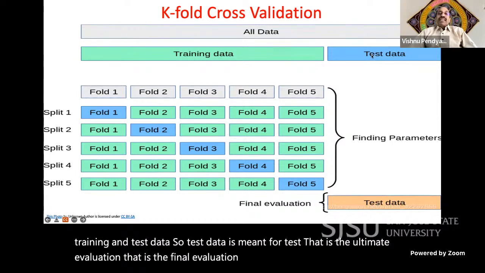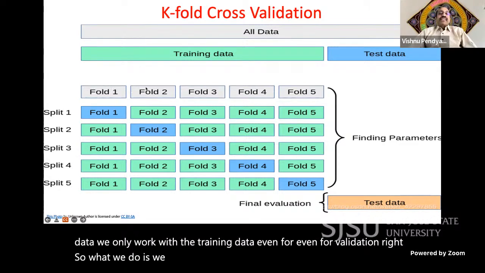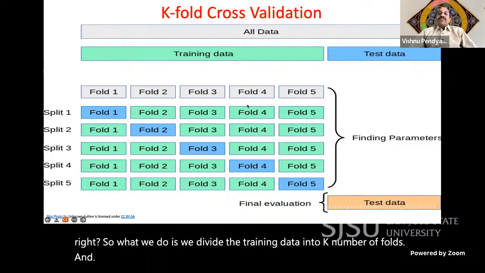But before even touching the test data, we only work with the training data, even for validation, right? So we divide the training data into k number of folds, and we do a series of k number of runs.